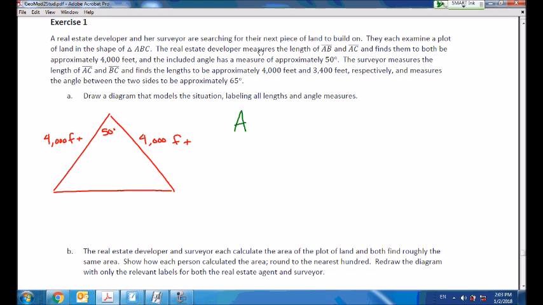So the area I know is 1/2 a times b sine of theta, the angle in between them. So it's 1/2 of 4,000 times 4,000 times the sine of the angle in between them, the sine of 50 degrees.